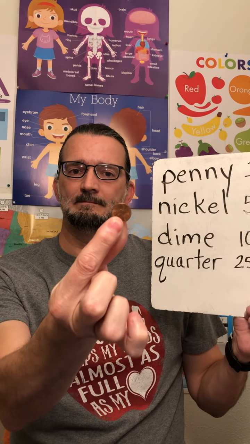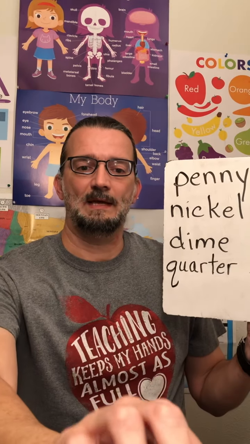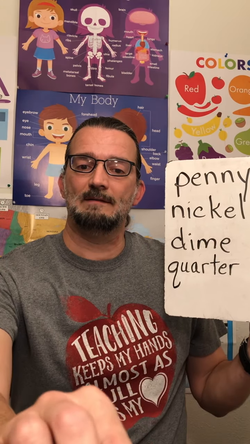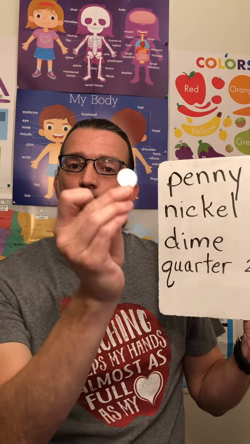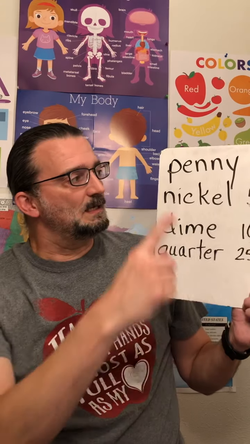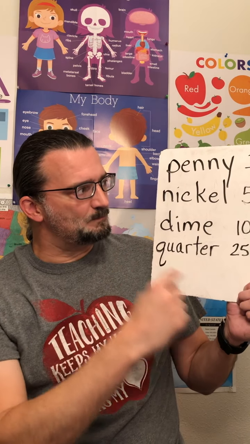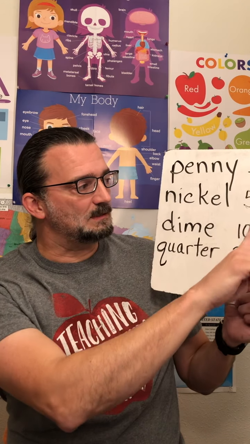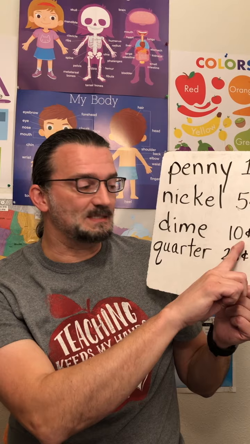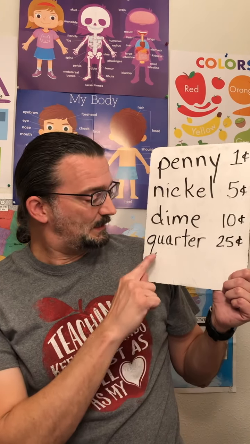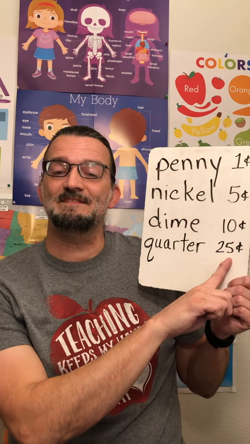We have our penny, we have our nickel, we have our dime, and we have our quarter. Okay? Our penny is worth 1 cent, nickel is worth 5 cents, a dime is worth 10 cents, and a quarter is worth 25.